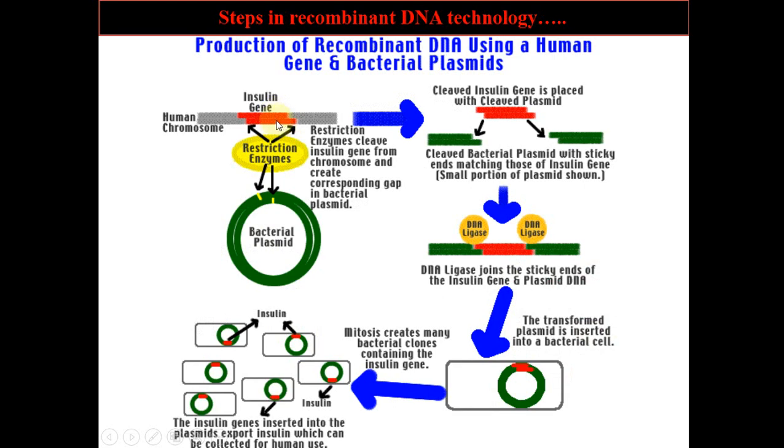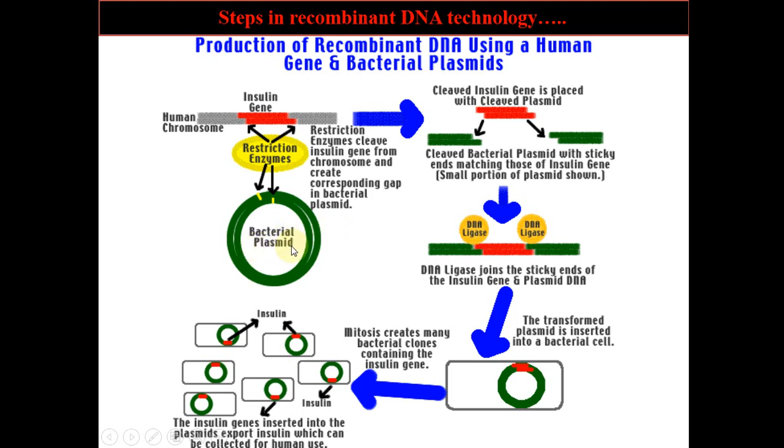So this is the insulin gene, which is cut open and isolated using restriction enzyme like this. Then this vector, a bacterial plasmid, is used as a vector here. There are different types of vectors that are artificially formed in laboratories by joining different segments of DNA together.